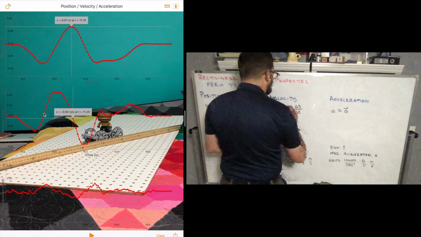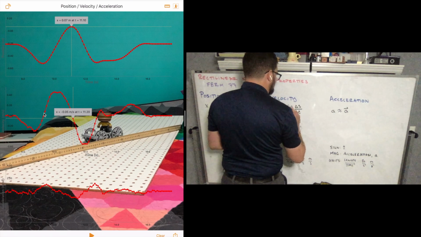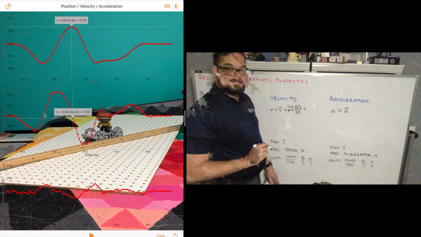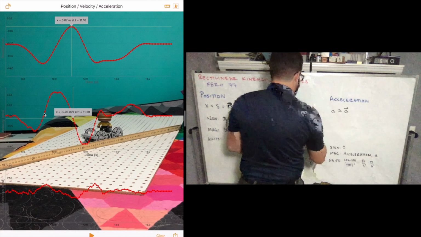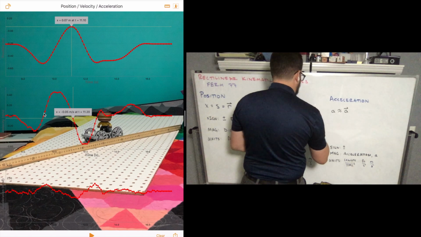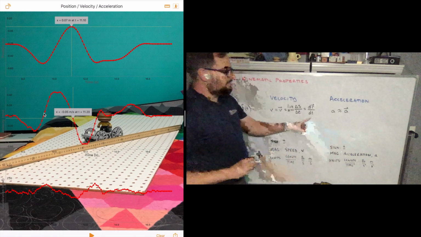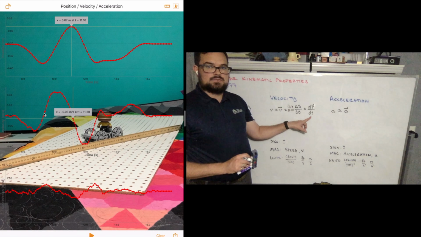But what happens is if we apply a limit where delta t goes to 0, we start to get an instantaneous velocity. And we would indicate that with a ds dt, or if we're doing it in vector form, a dr dt. So we're going to take the derivative of position with respect to time, and that's going to be our velocity.